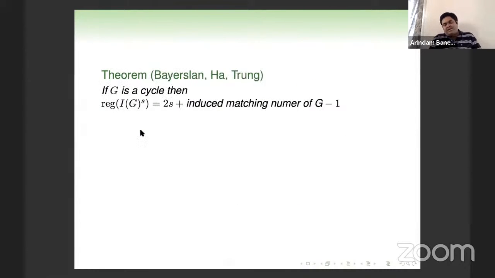She and some other people observed the role of matchings in a graph. The matching number of a graph is the maximum size of a set of disjoint edges in the graph, and an induced matching is a matching such that the induced subgraph on those edges has no other edge.